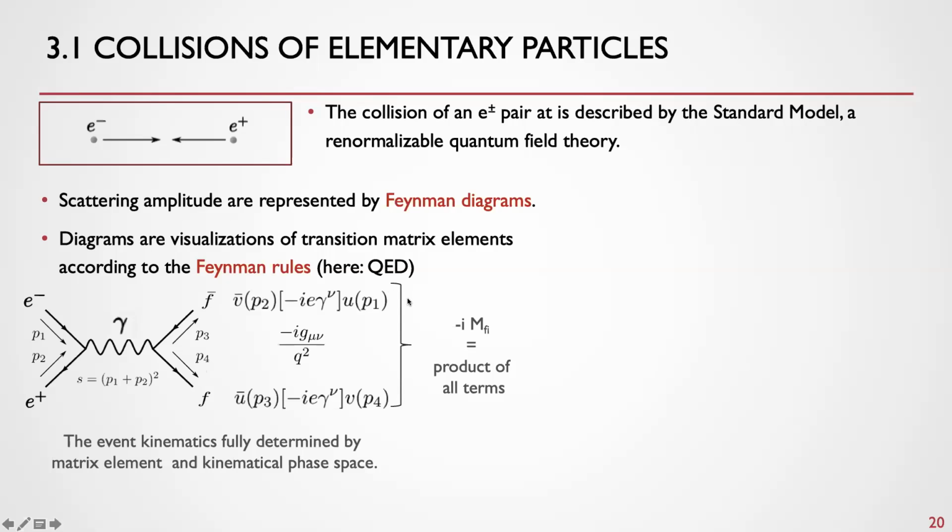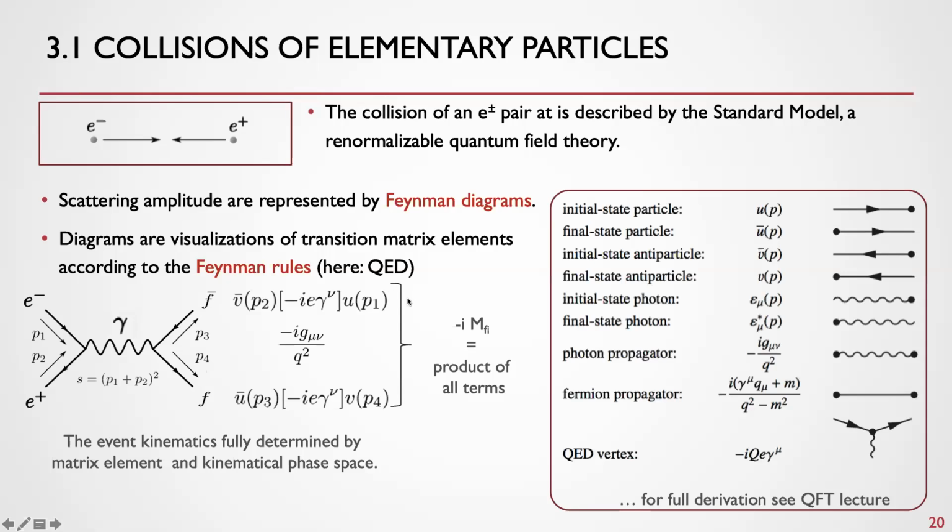The Feynman rules tell you that for each object in this diagram, you have to write a certain expression, and then you have to multiply all these expressions. For example, for the initial state electrons and for the final state fermions, you have to write spinor expressions. For each of these vertices, where the photon couples to the fermion, you have to write what's called a gamma matrix.